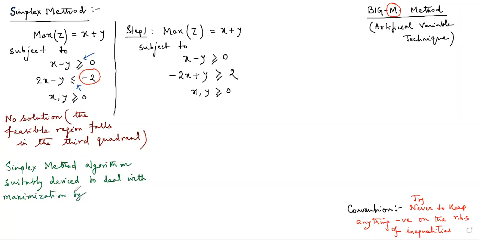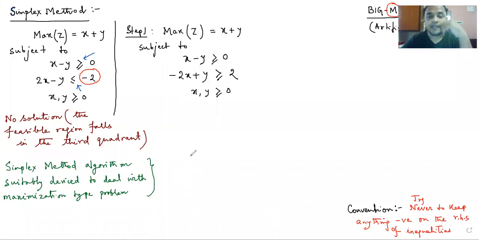Maximization type of problem. In today's class, if I forget, I will try to discuss something about this particular point. But once I finish the current problem, if I forget, please do remind me that this particular point needs to be discussed. Okay, at least 1 or 2 lines I need to tell about this particular statement. If I forget, please remind me. Someone please remind me once I finish the problem.